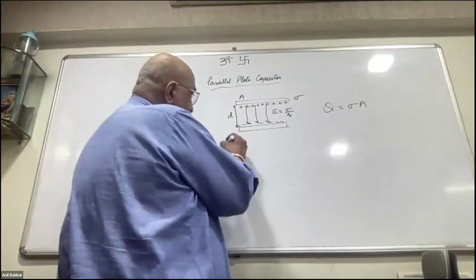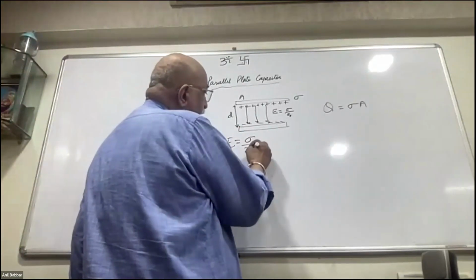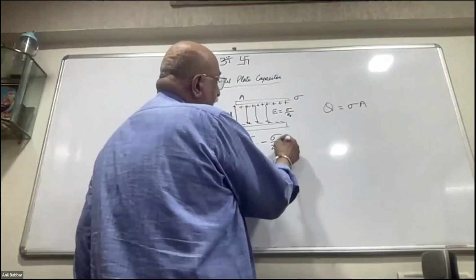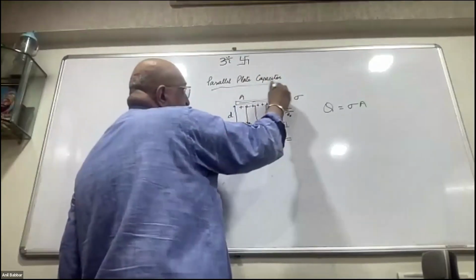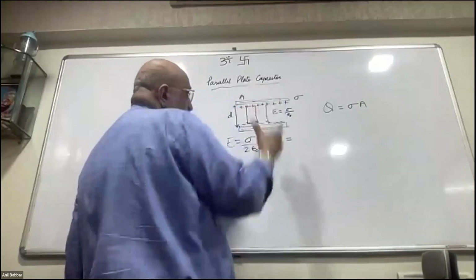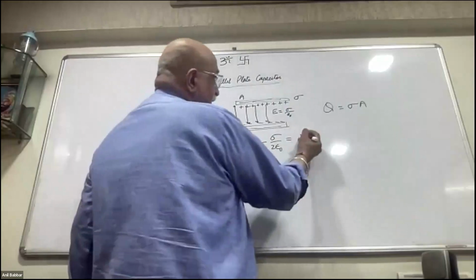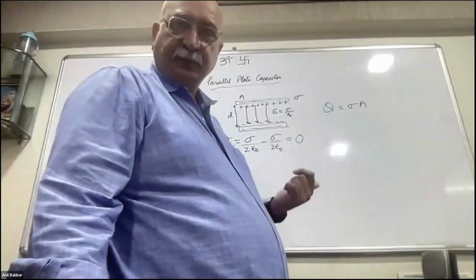Like here we have E equal to sigma by 2 epsilon naught minus sigma by 2 epsilon naught. So in the outer region, above the positive plate and below the negative plate, this will be sigma by 2 epsilon naught minus sigma by 2 epsilon naught, which are opposite and equal to each other, so they cancel each other, zero.